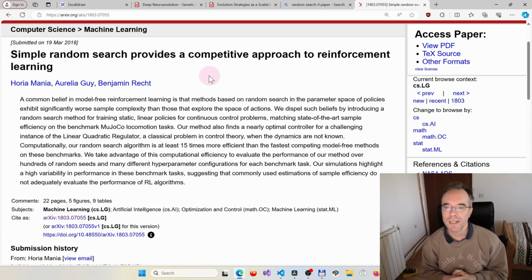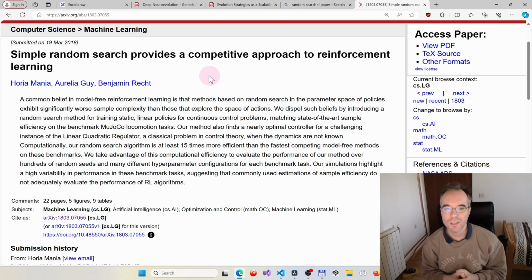Our method also finds a nearly optimal controller for a challenging instance of the linear quadratic regulator, a classical problem in control theory when the dynamics are not known. Computationally, our random search algorithm is at least 15 times more efficient than the fastest competing model-free methods on these benchmarks.